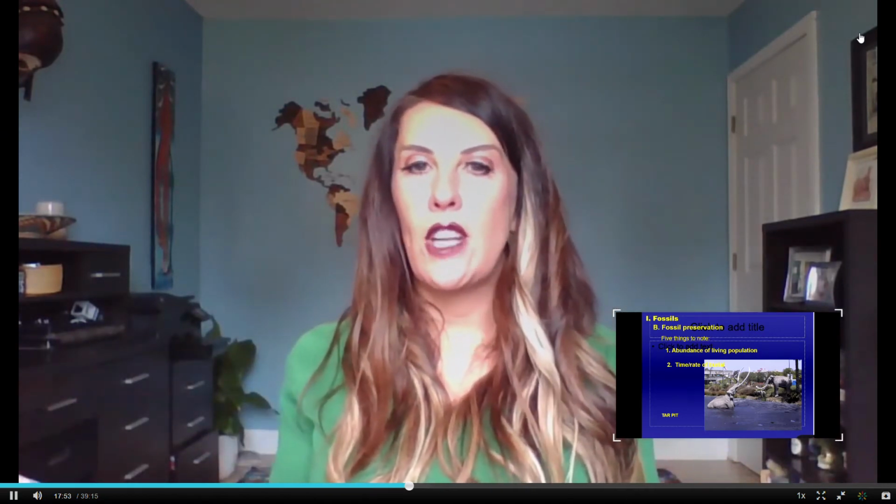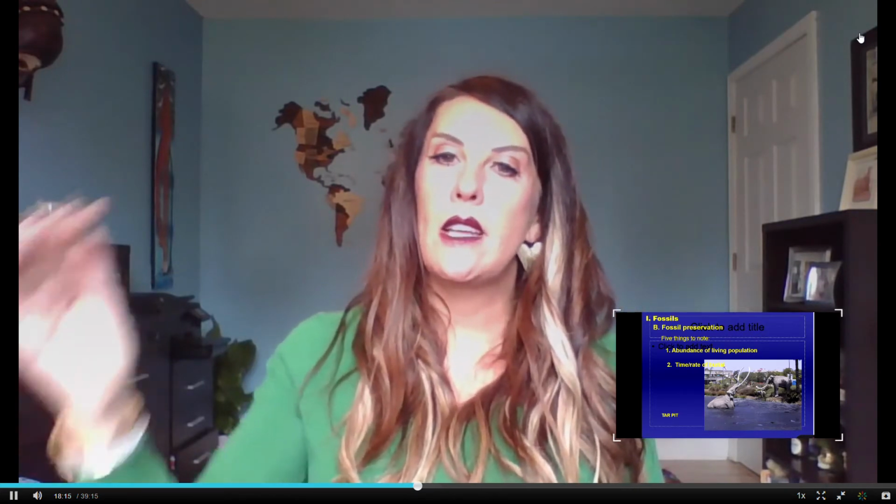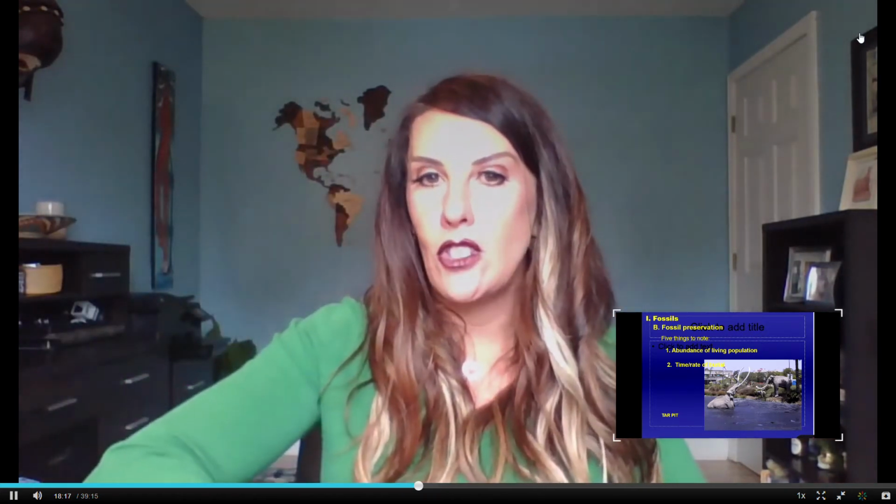The first thing that's going to happen is that it's going to be scavenged and pulled apart. So in that situation, those bones are probably going to decay rather quickly, and never even make it into the fossil record. That's different than if something is buried quickly in the environment where the bones are going to be placed in an environment without oxygen. So it's called an anoxic environment. Anoxic, an environment without oxygen.